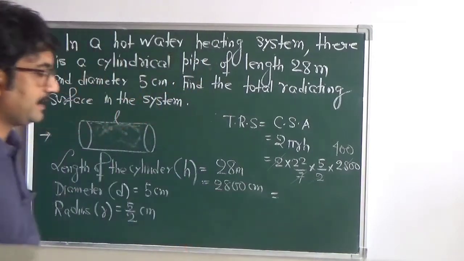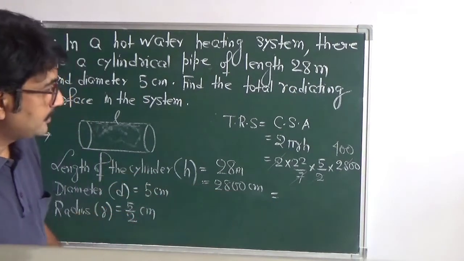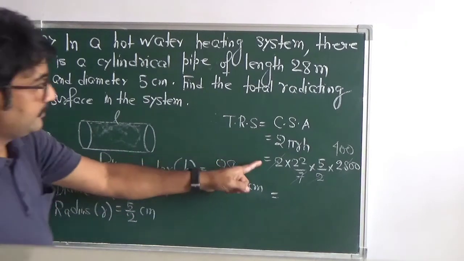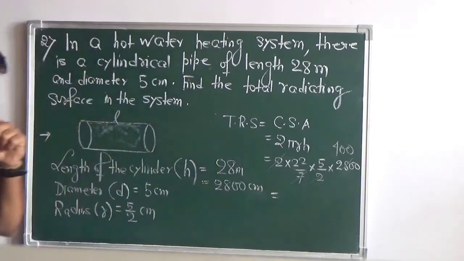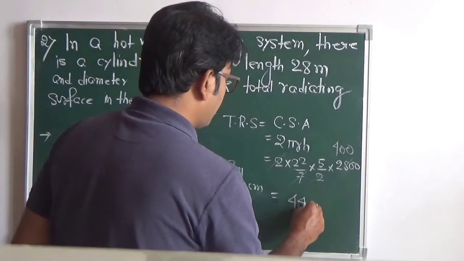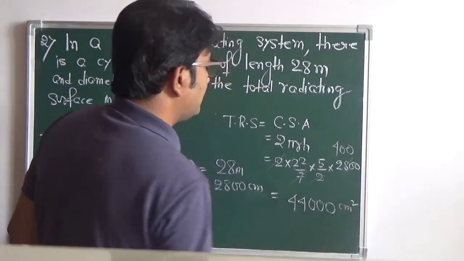So ultimately we have 22 into 5 into 400, which comes to 44,000 centimeter square.